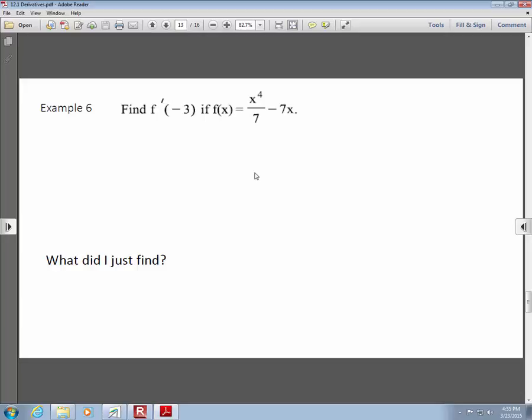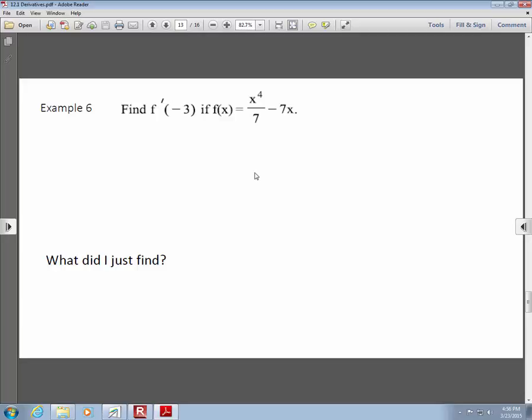So it's going to be 4 over 7 times negative 3 cubed minus 7. Well, that's going to give me 4 over 7 times negative 27 minus 7. And then I got to figure all that out. Now, I don't have a calculator on me, so I'm going to have to do this by hand. 4 times negative 27.